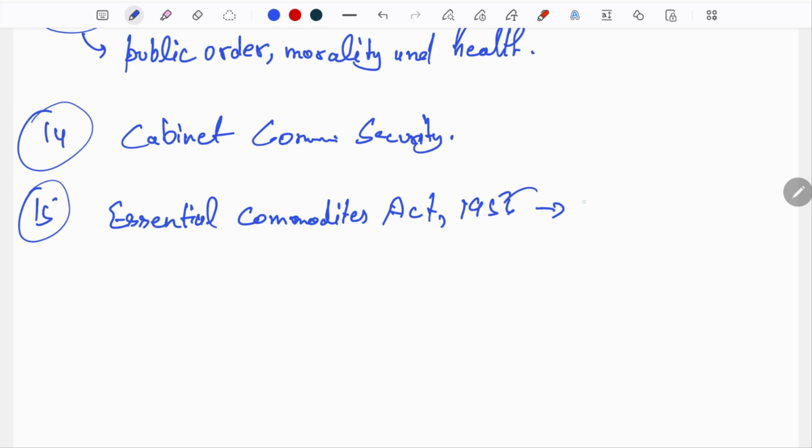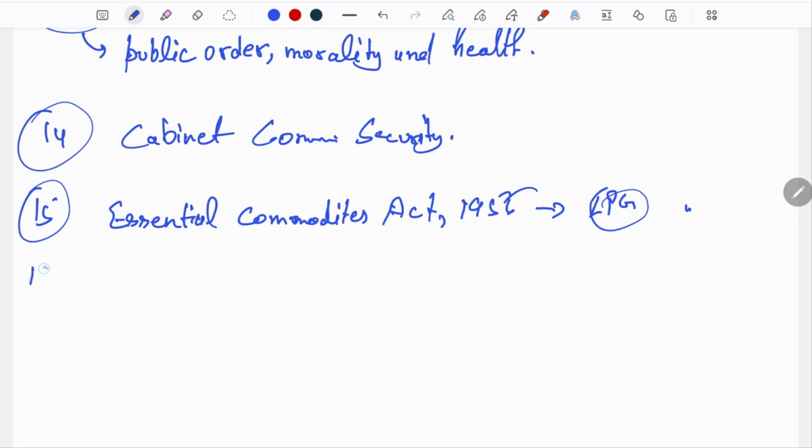So the government has the power to control production, supply, distribution, and impose stock limits, and regulate the trade of certain specific products that need to be protected. Like in recent times, LPG cylinders. In times of COVID, it was masks and oxygen cylinders. So that's all about this.